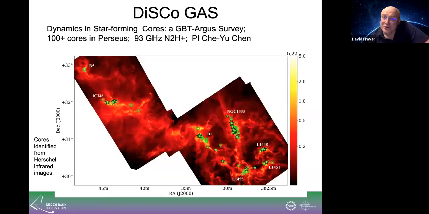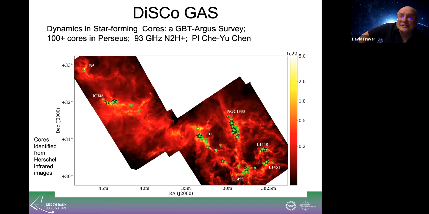Disco gas is a new project starting up to measure the dense cores in star forming regions using a dense gas tracer, N2H+, which is at 93 gigahertz. They're going to look at the nearby Perseus star forming region, which has about 100 cores, trying to understand the kinematics within these cores and how star formation proceeds.